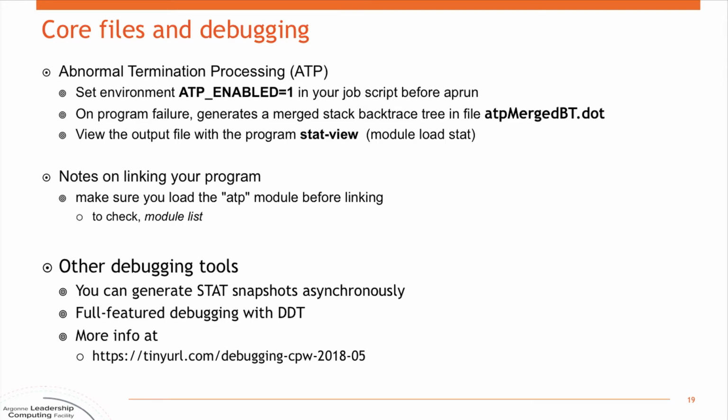And so in order to get that backtrace, you need to enable the dump, so that what happens is at the end of the run, when it exits abnormally, this piece of software called abnormal termination processing, it's a Cray hook, will get all of the ranks to coordinate about where they are, and it will generate this file that you can view.